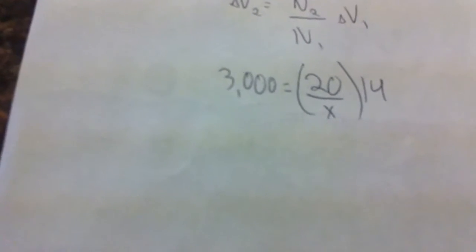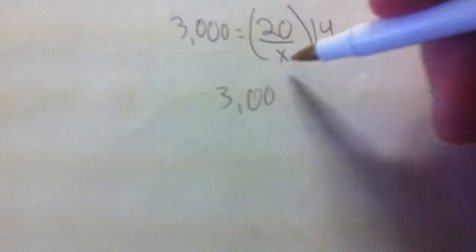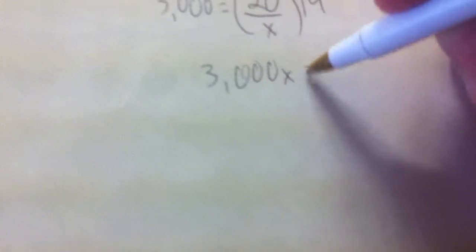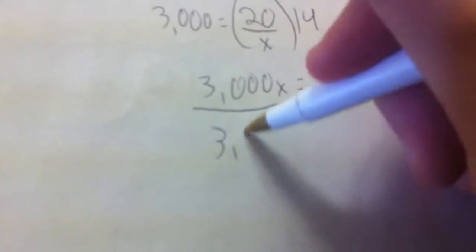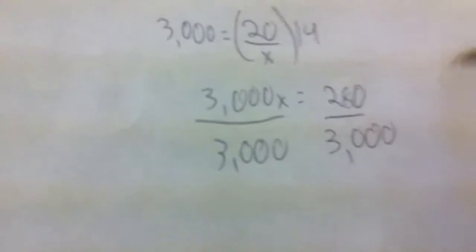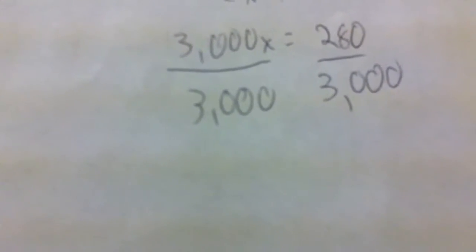What we need to do first is multiply 20 times 14, and we get 280. We also multiply 3,000 by x, so we get 3,000x equals 280. We're going to need to divide 280 by 3,000.